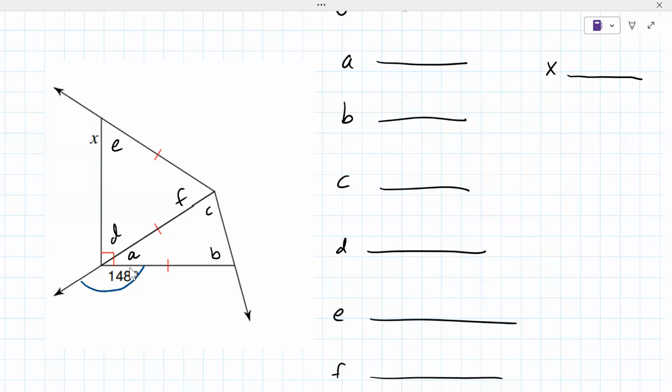So A would equal 32, correct? Yeah. All right, so see if you can work through a few more before I check anything else.